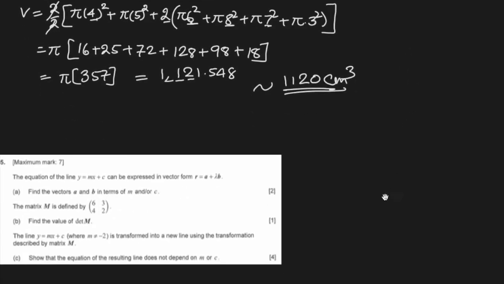Okay, question number 15. The equation of line y equal to mx plus c can be expressed in vector form. This, we know this, okay. Find the vectors a and b in terms of m and or c. Okay, so let's write them side by side. Can I write like this? The one which is r equal to a plus lambda b.